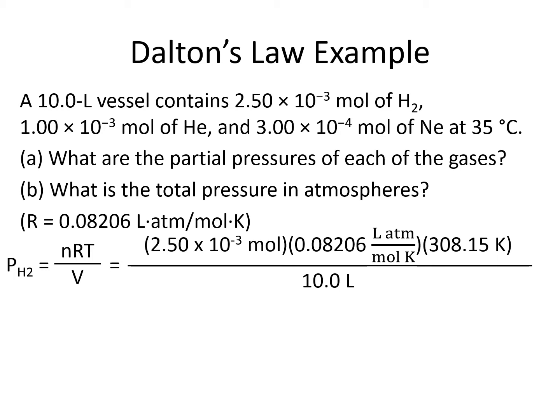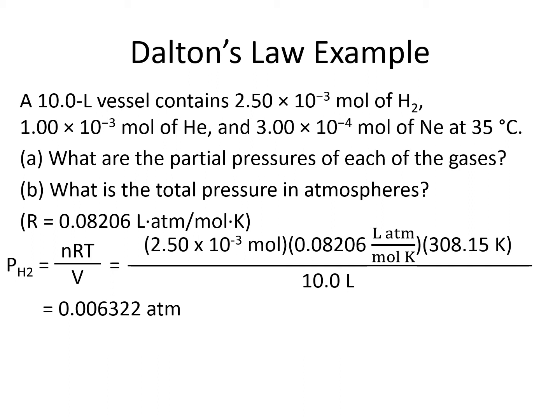The R value that we're using is 0.08206 liters atmospheres per mole Kelvin. Temperature is 35 degrees Celsius plus 273.15, which makes 308.15 Kelvin. Volume on the bottom of the equation is 10 liters. When we do our calculation, we get 0.006322 atmospheres of pressure for the hydrogen gas.